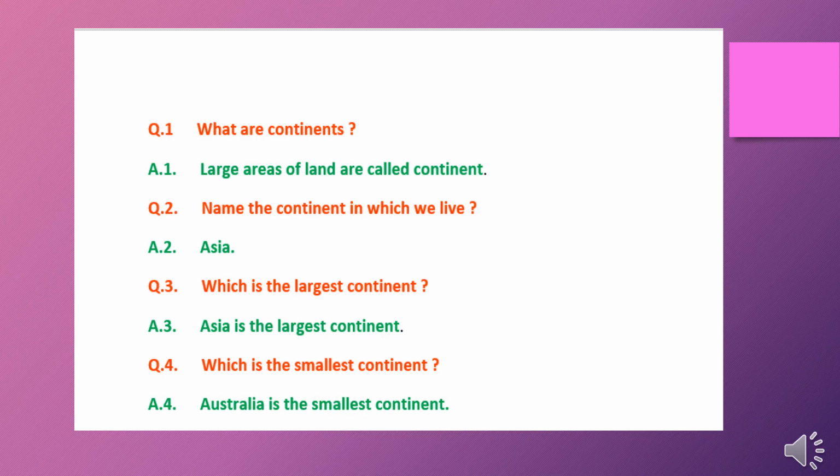Asia. We live in Asia. Next question. Which is the largest continent? Answer. Asia is the largest continent. Next question. Which is the smallest continent? Australia is the smallest continent.